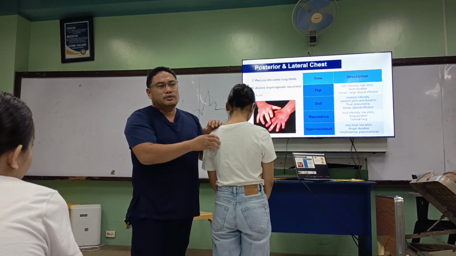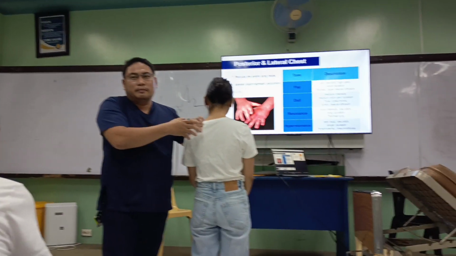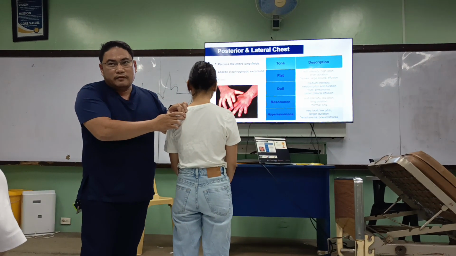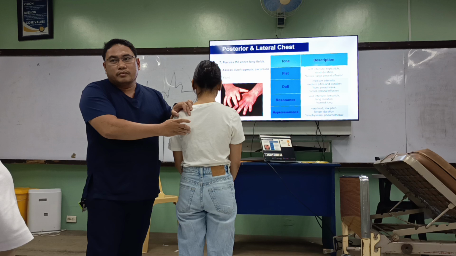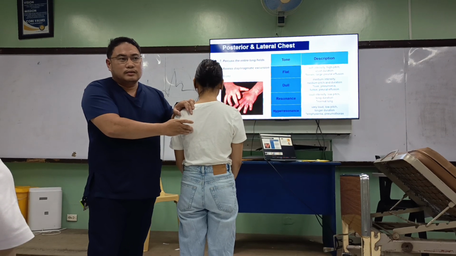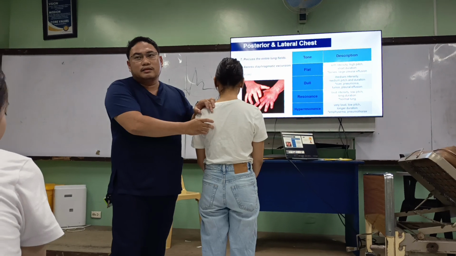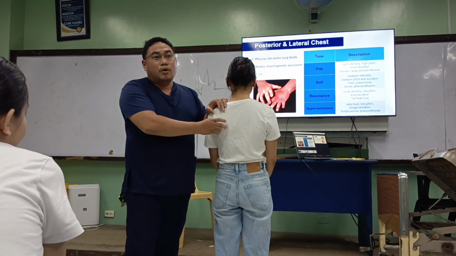Okay, let's go back to the percussion portion. Starting from the second intercostal space, you have to let your patient exhale. Exhale. Hold. Very good. Resonance. Dull. That's where the diaphragm is located. Mark. Then let the patient inhale, exhale, inhale again, and hold.